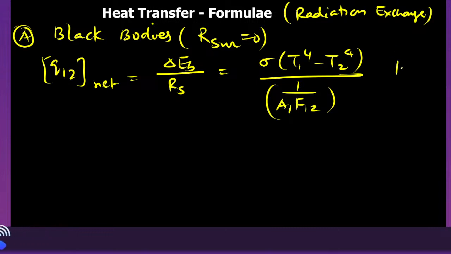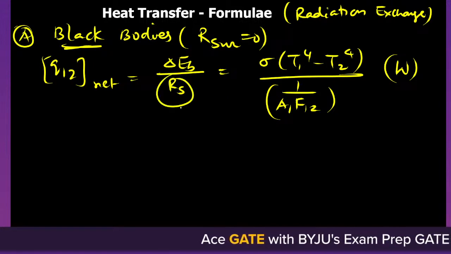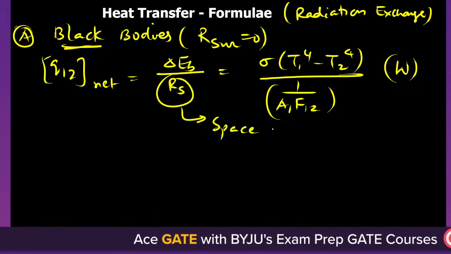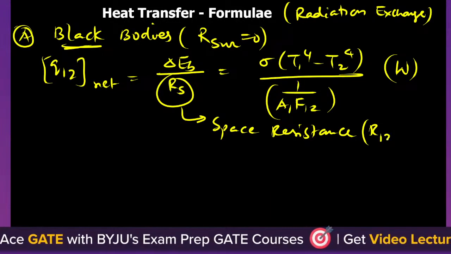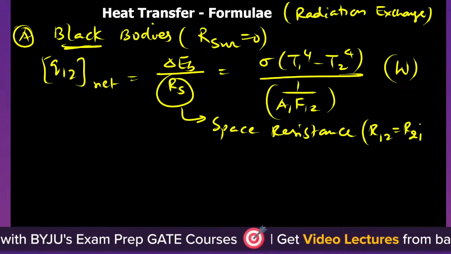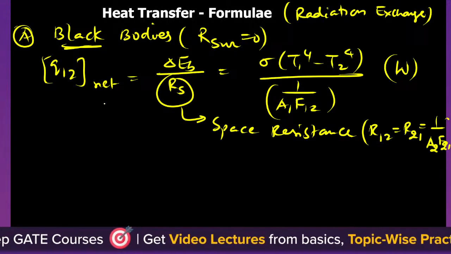That is joule per second. That is the radiation exchange between the black bodies. This Rs is the space resistance; either we call it R1-2 or R2-1, or we can also call it 1 upon A2 F2-1.